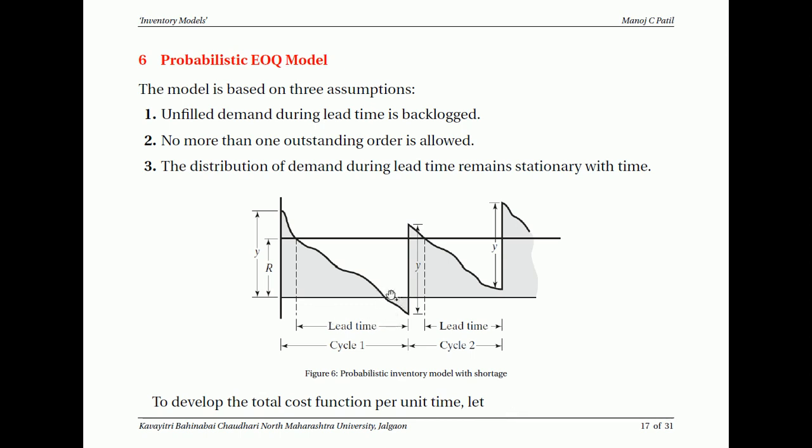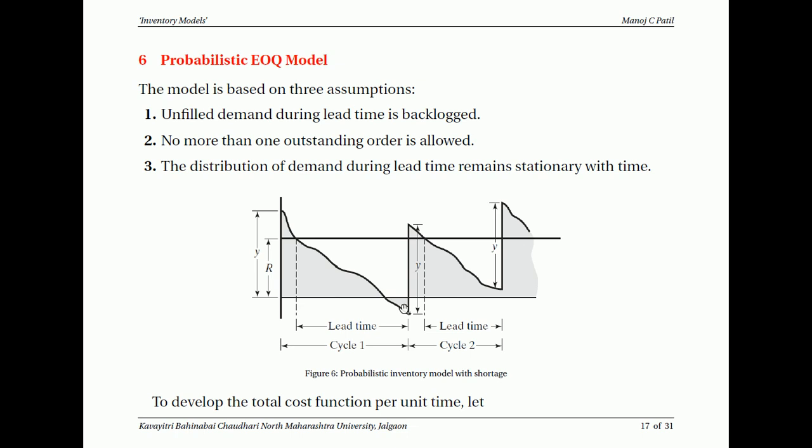From this figure you can observe that we have inventory level 0 here, we got inventory level up to y, we got an order, and that curve you can observe is random, not like the deterministic EOQ model. Okay, and even after 0 it is decreasing, though it is showing negative inventory.